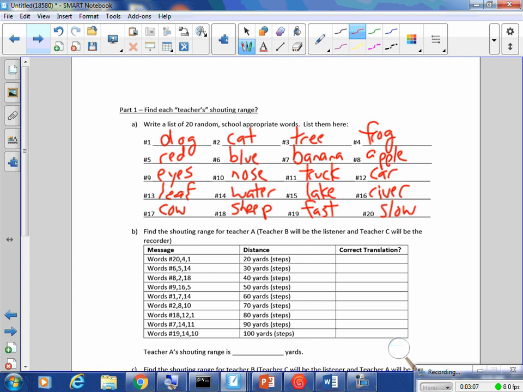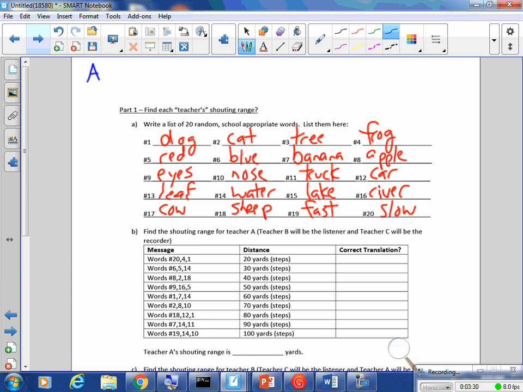Now, the way this is going to be set up when we go out into the field: teacher A is going to be the one shouting, teacher B is going to be the one listening, and teacher C is going to have these words written down, this exact same piece of paper you're seeing in front of you, ideally on a clipboard.